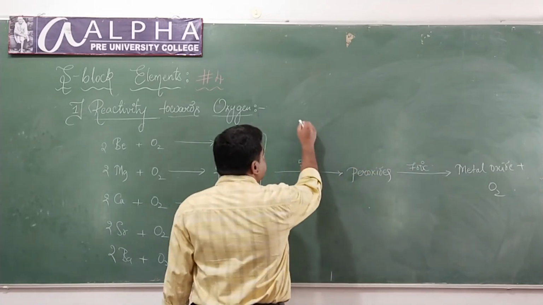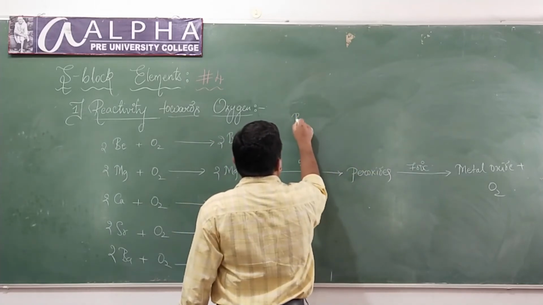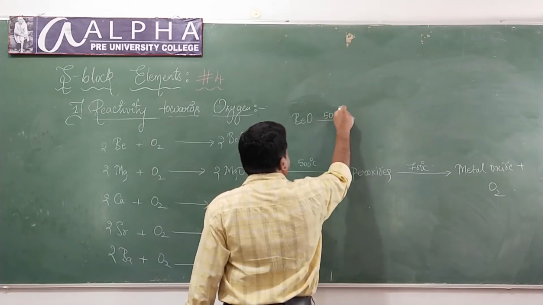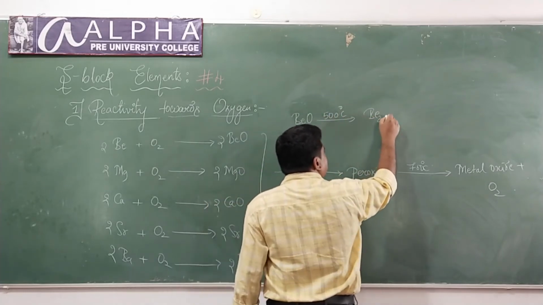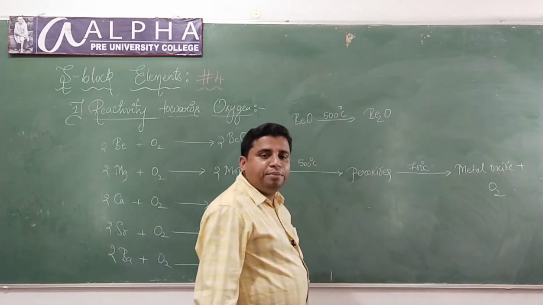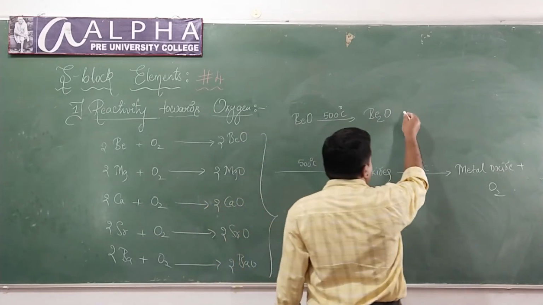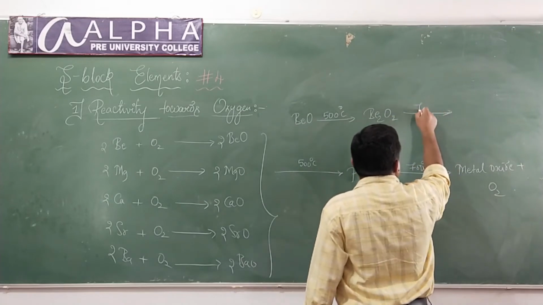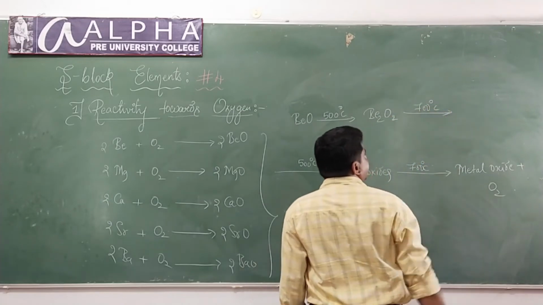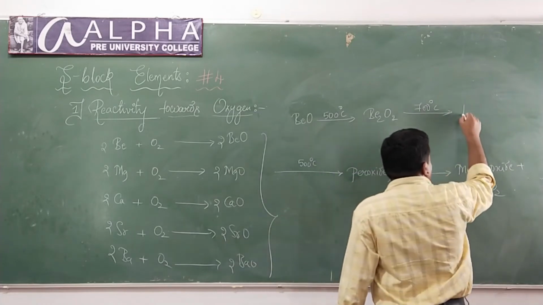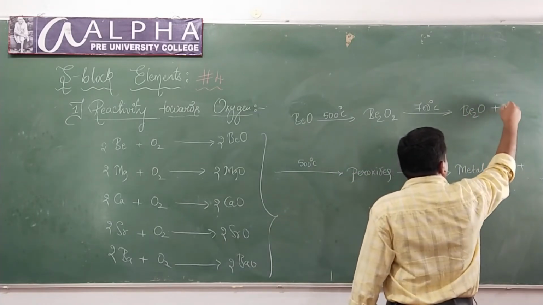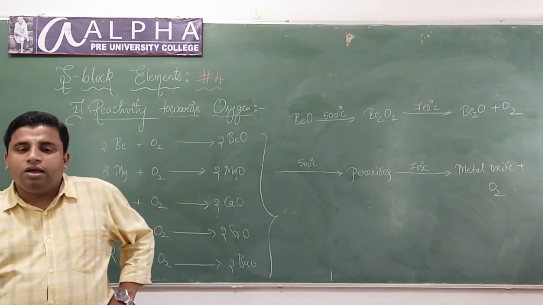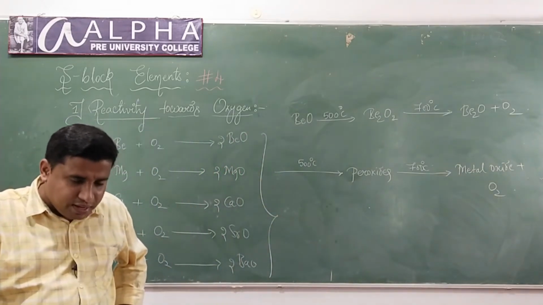For example, when beryllium oxide is heated to about 500 degrees centigrade, it forms beryllium peroxide. When beryllium peroxide is heated again to about 700 degrees centigrade, it decomposes to give back beryllium oxide and oxygen. Is that simple?